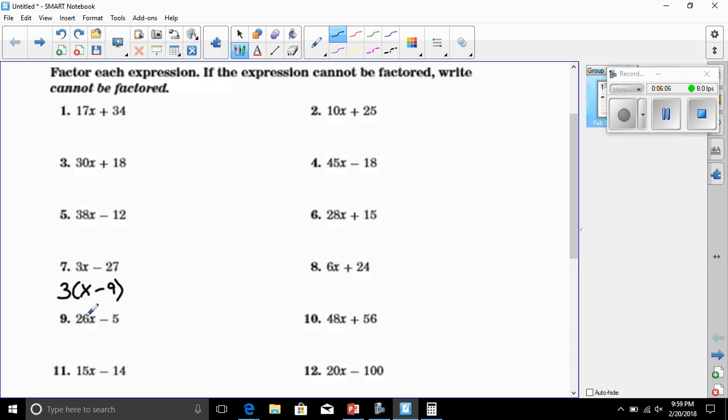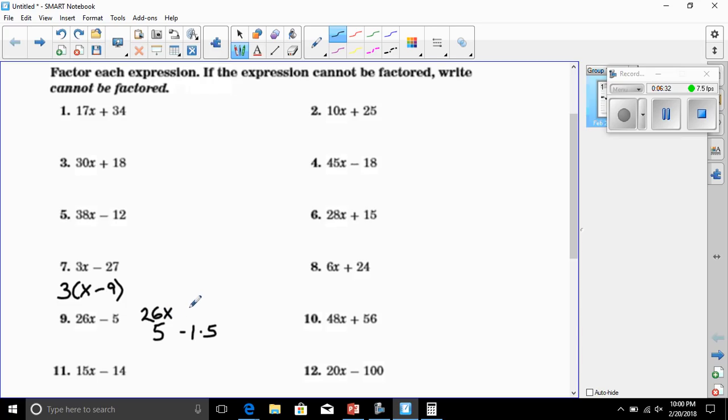All right, number 9 says 26x minus 5. Well, 5 doesn't go into 26. The only thing 5 goes into is itself, which is negative 1 times 5. 26x is over here. And what goes into 26?